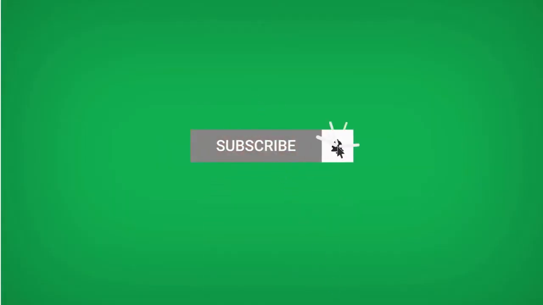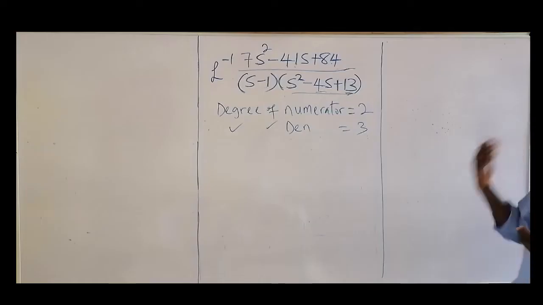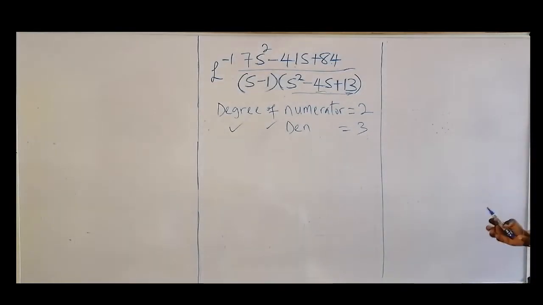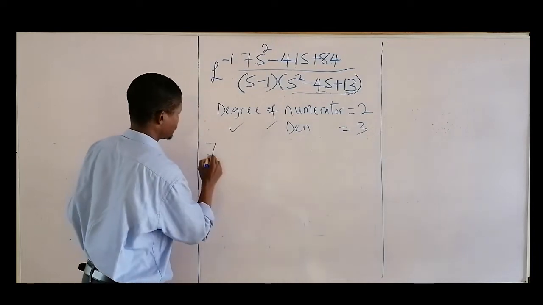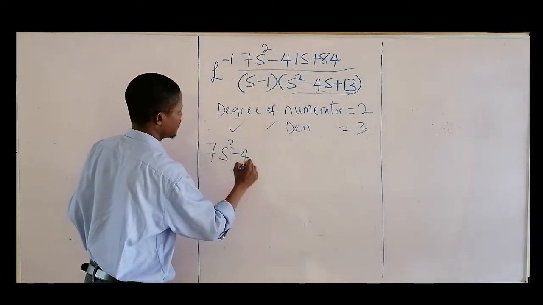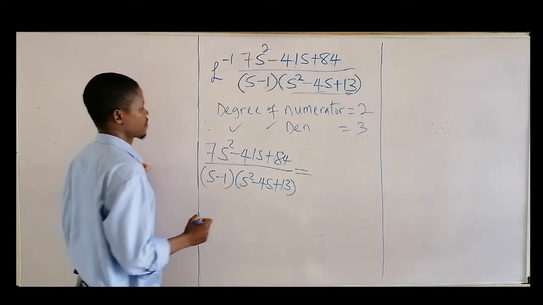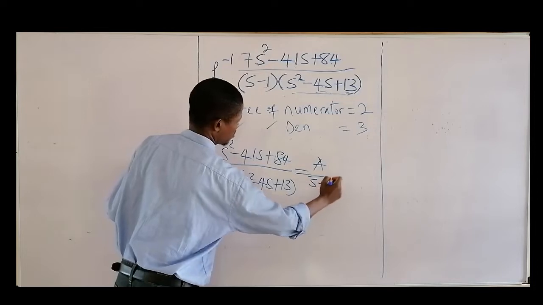So what next to do now? The next thing we are going to do is to use partial fraction. This fraction will be equal to a linear part, that will be a over x minus 1.